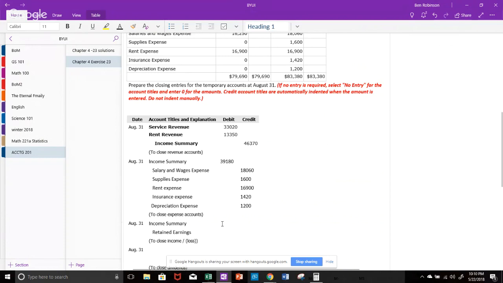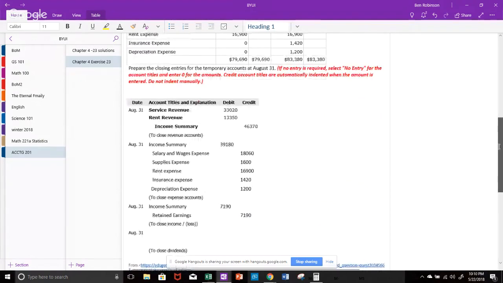And so we'd need to enter a debit here, zero that account out, because we had a balance on the credit. So to zero that out, we need income summary of 7,190, a debit there. And then to retained earnings, a credit of the same amount, bring that whole amount over to retained earnings.